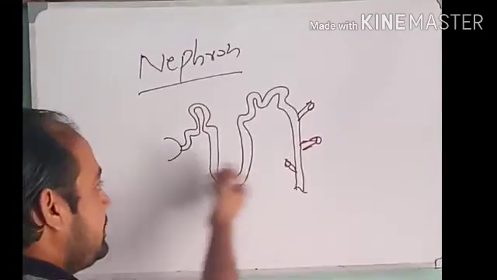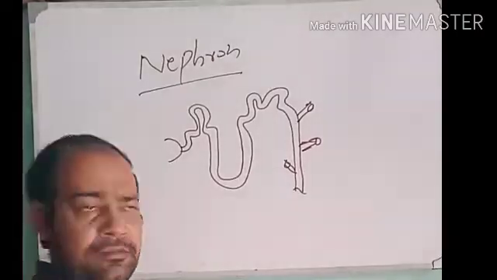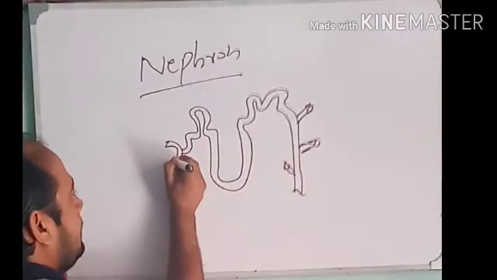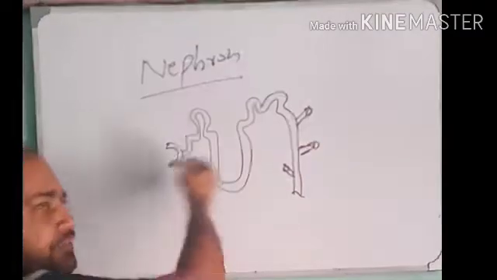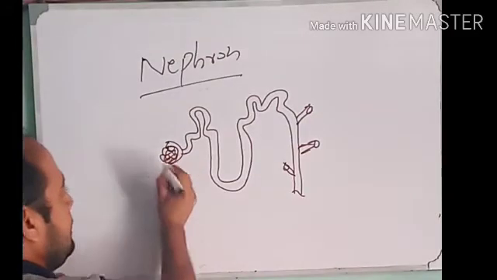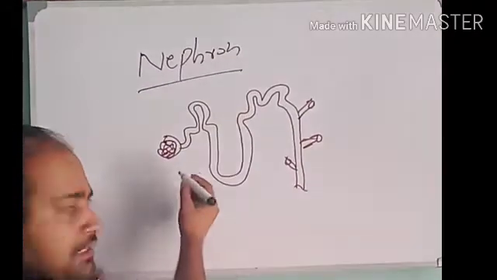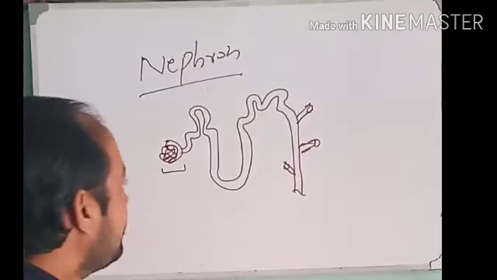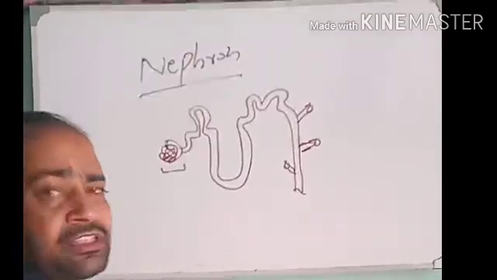A single nephron looks like this, and these are its different parts. This part of the nephron is non-tubular. The second part starts from here and consists of tubes.